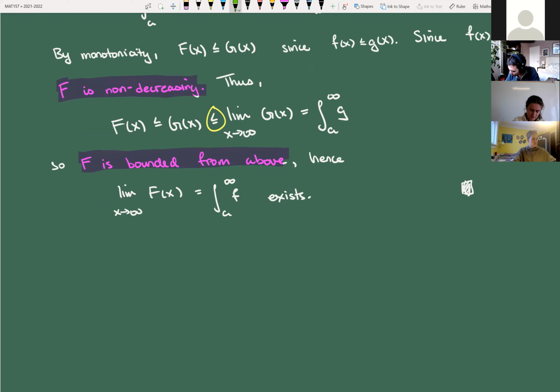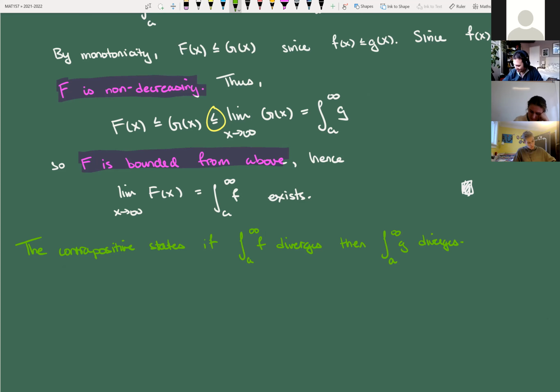So the contrapositive states, same conditions though, F and G are both non-negative functions, and F is always less than or equal to G. So the contrapositive states that if this diverges, then the integral over G diverges as well, right? So just keep that in mind.